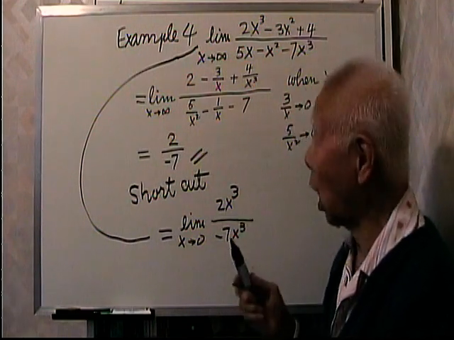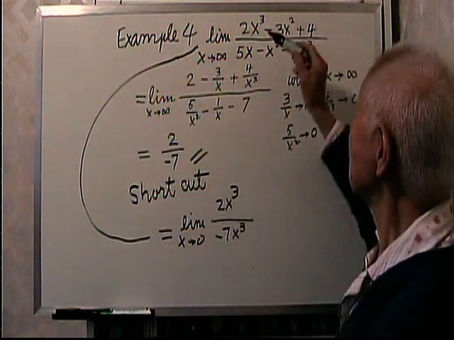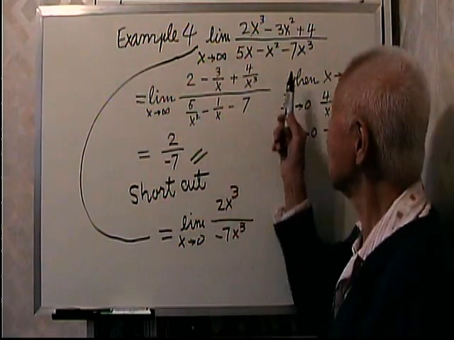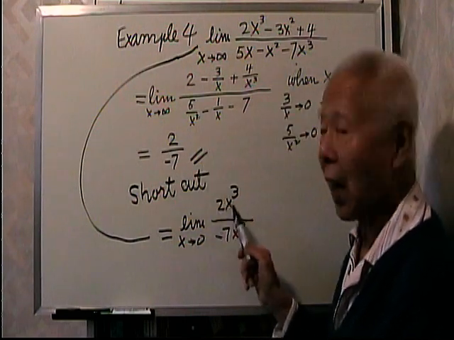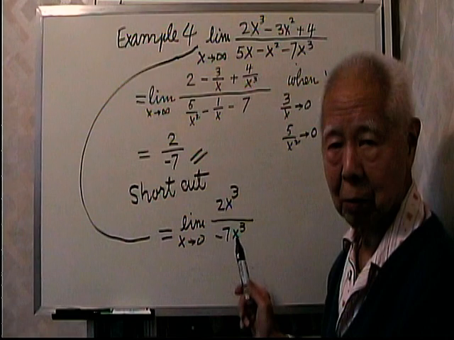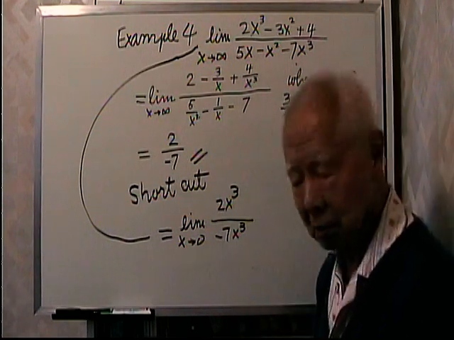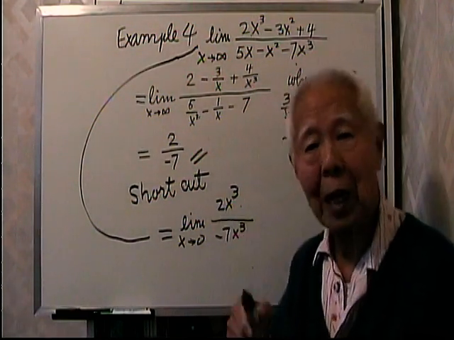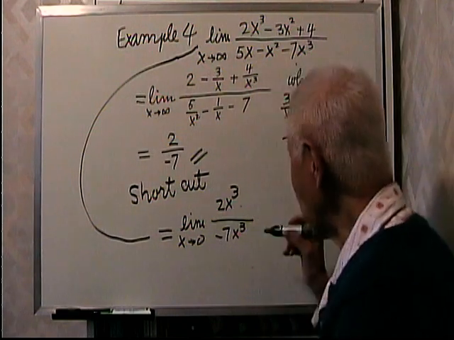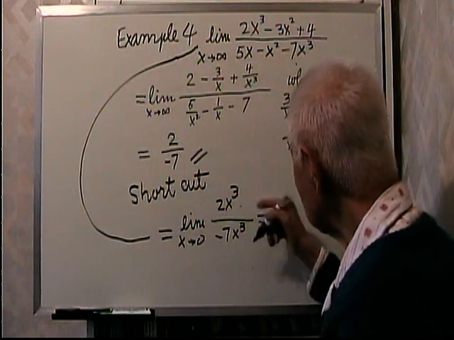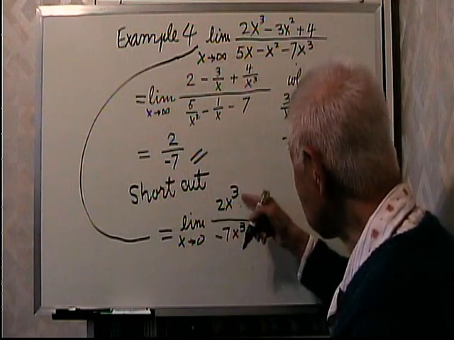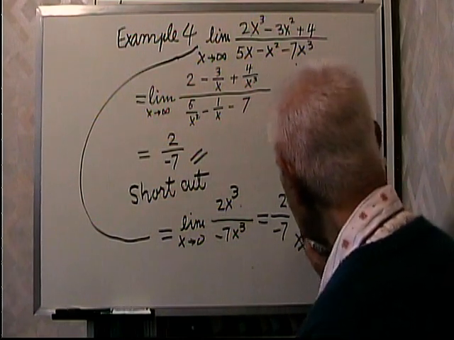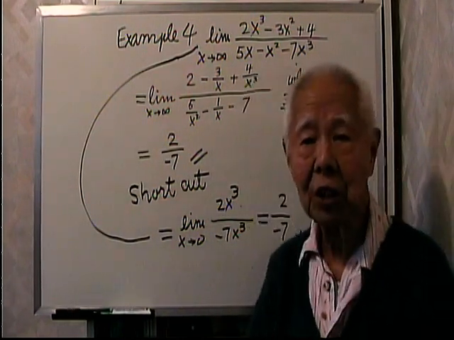So the largest term at the top is this. The largest term at the bottom is this. This is a shortcut. Alright? Then the x cubed at the top and x cubed at the bottom cancels out. Then do the limit. It is 2 over negative 7.